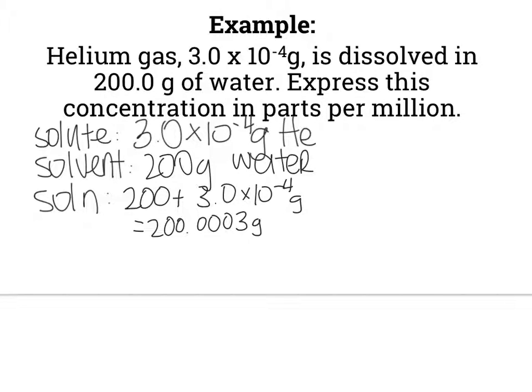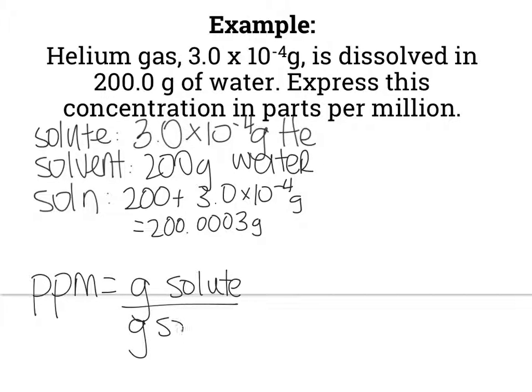So, parts per million is equal to grams of your solute over the grams of your solution times a million. Well, we already have the grams of our solute. We have the grams of our solution, so plug them in.